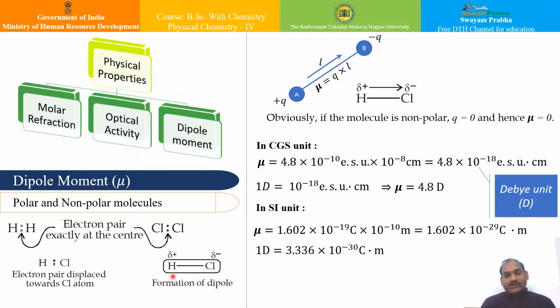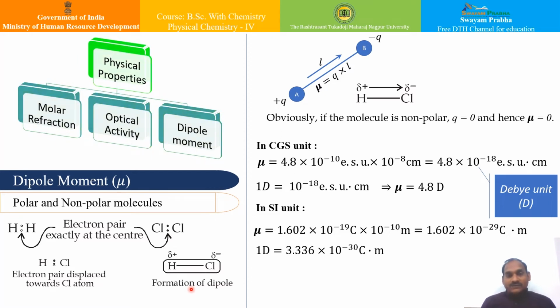And therefore, because of this partial charge development, there is a formation of a dipole, isn't it? And therefore, the bond formed between two dissimilar atoms having slightly different electronegativities is called a polar covalent bond. And such molecules are called polar molecules.